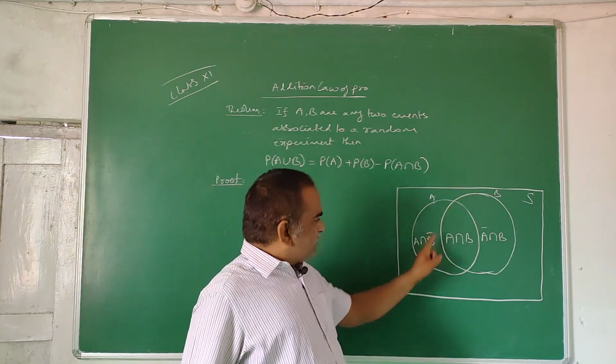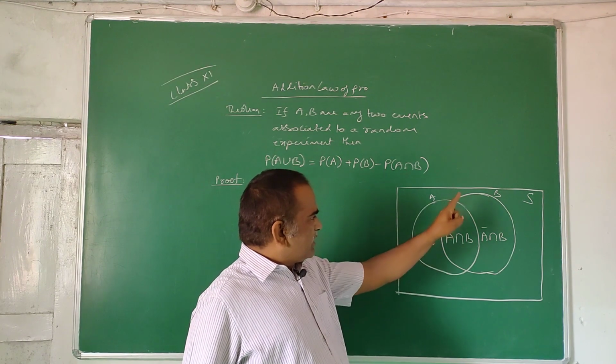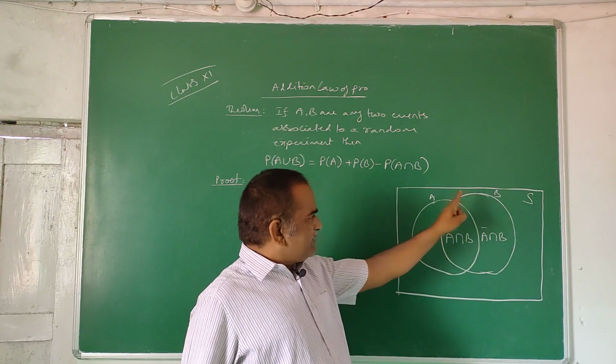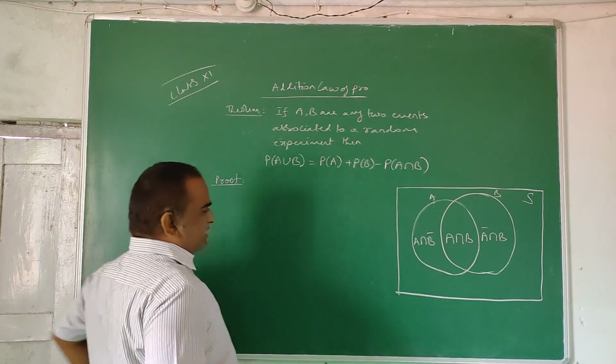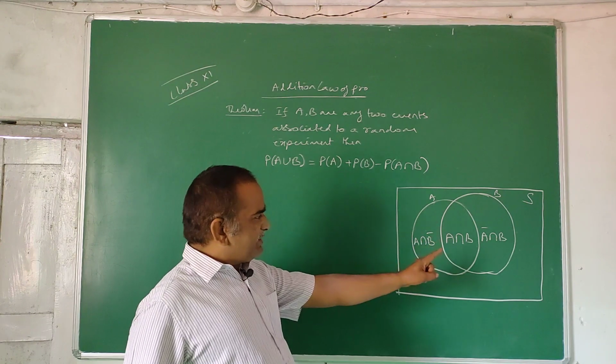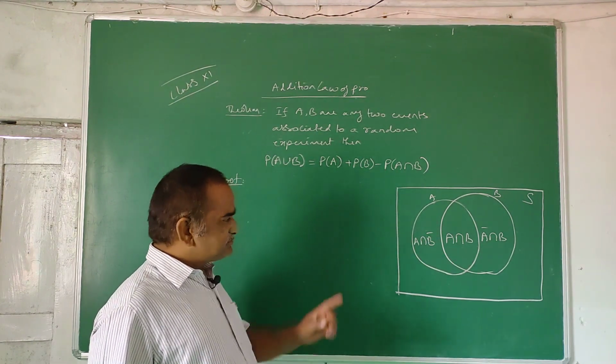See, A intersection B complement and B. Are you following? A intersection B complement and B are disjoint events, right?